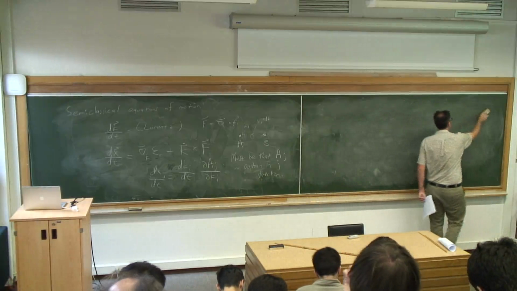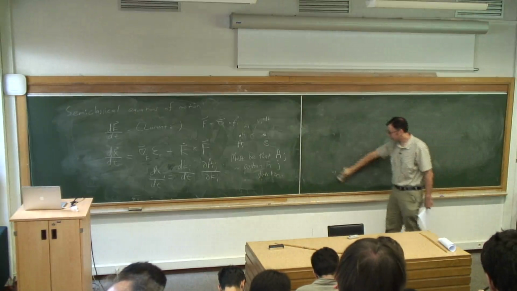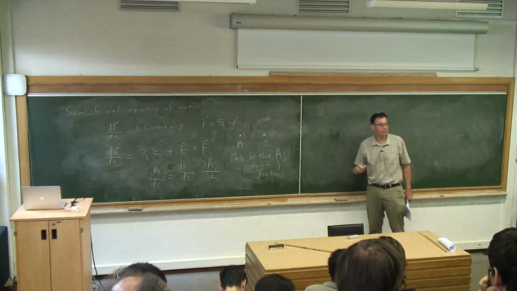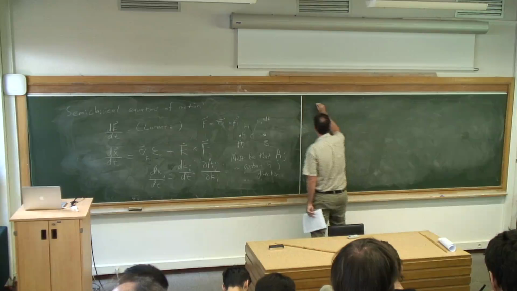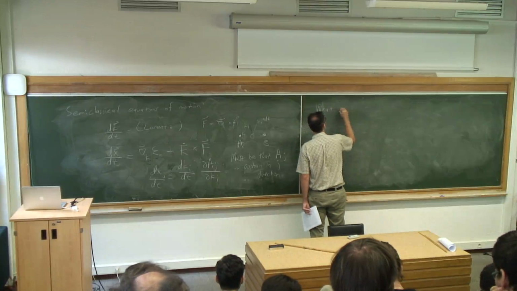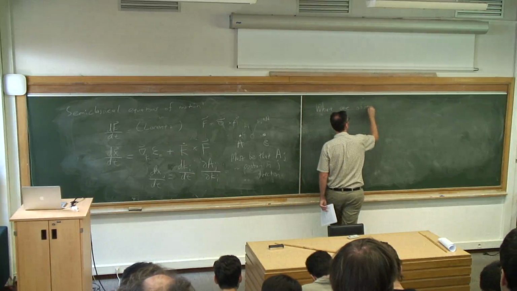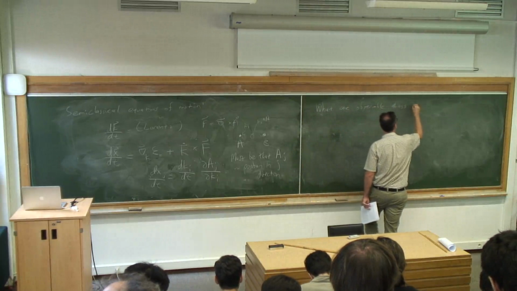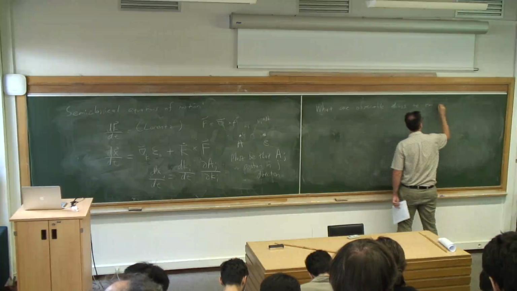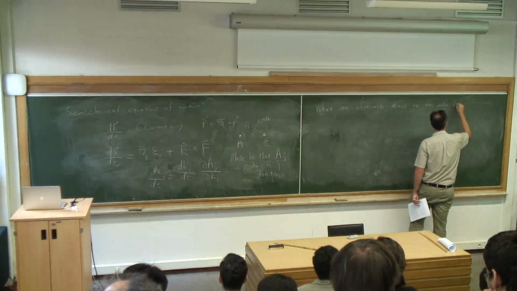So we know from electromagnetism that we should be careful: things that are observable shouldn't depend on the gauge. So what are observable things we can make from A?